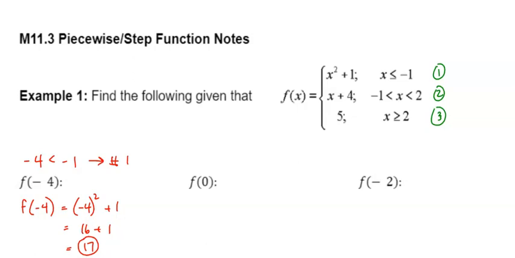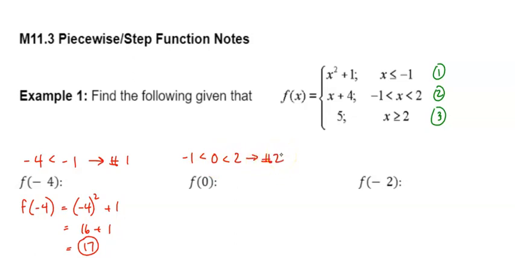Now for the second one, we're finding f of 0. Again, we have to ask ourselves, which constraint does 0 fall into? Well, 0 is not less than or equal to negative 1. 0, however, is between negative 1 and 2. So since 0 is between negative 1 and 2, we're going to use the second function to plug in our input.